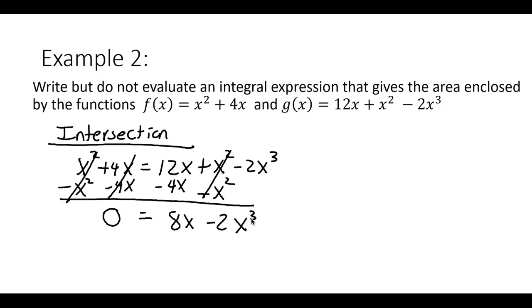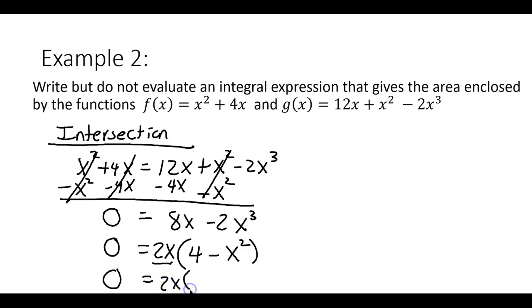So, okay, Hinde, what can I take out here? What can I factor out? 2x. So that'll give me 4 minus x squared. Okay. But we can factor more. You guys, I don't know if you recognize this. We don't see them a whole lot, but they're nice when you do see them. That's a difference of squares, right?